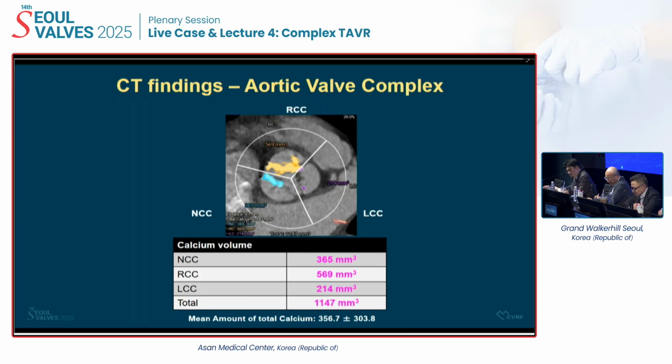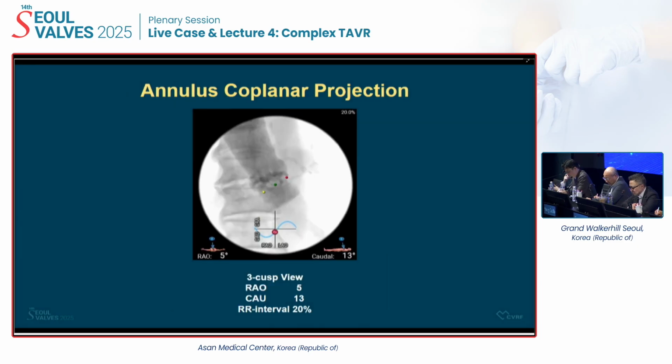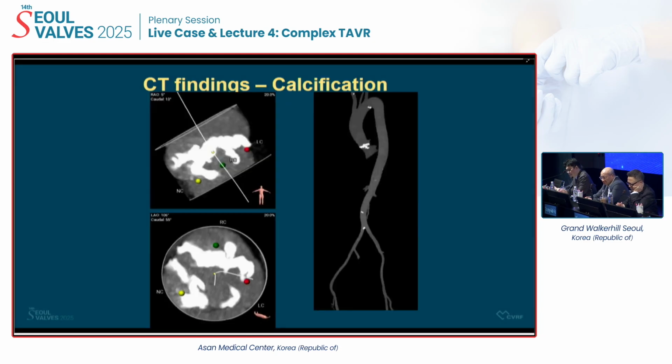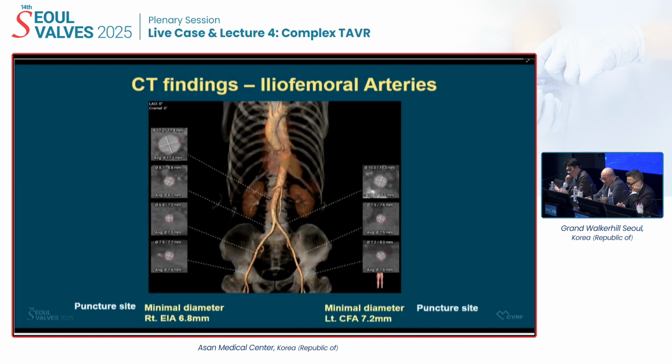The aortic valve calcium volume was 1,147, and coronary height was measured at 12 mm in LCA and 15.7 mm in RCA. The peripheral arteries were fine without heavy calcification or severe tortuosity, with a minimum diameter of 6 to 7 mm, which is adequate for transfemoral access.